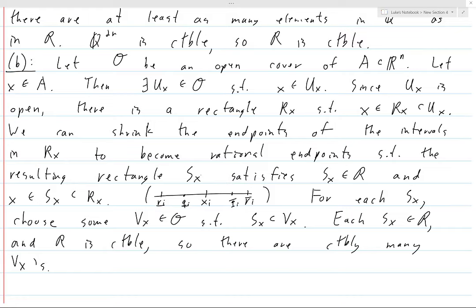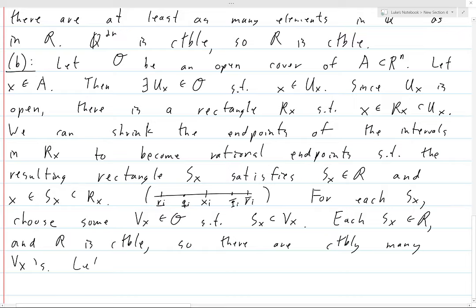But we don't really know too much about how the overlaps happen or when they happen. That will depend on the specific open cover and stuff, which we never study. This is all done in the abstract. But we know, anyways, that there are countably many Vx's.